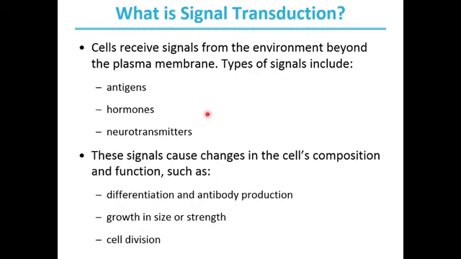This conversion of information in the form of a signal into a chemical change is called signal transduction. Basically, any signal that the cell receptors receive gets converted to chemical information so that it can be processed within cells.